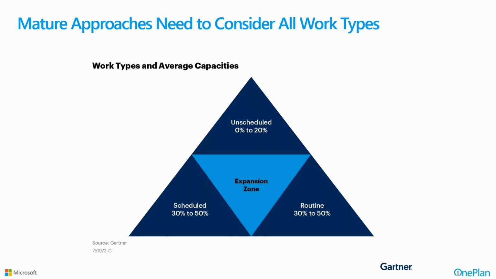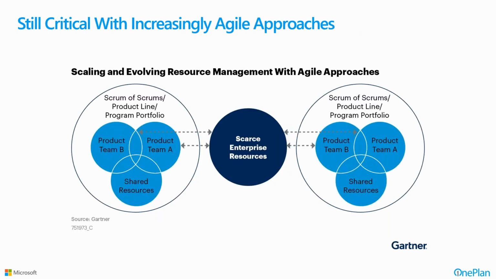So the key here is we still have to have some measure of resource management to understand that. Whether we're doing our agile planning at the team level, there may be scarce resources or shared resources that have to be planned at a named individual level in order to make that work.